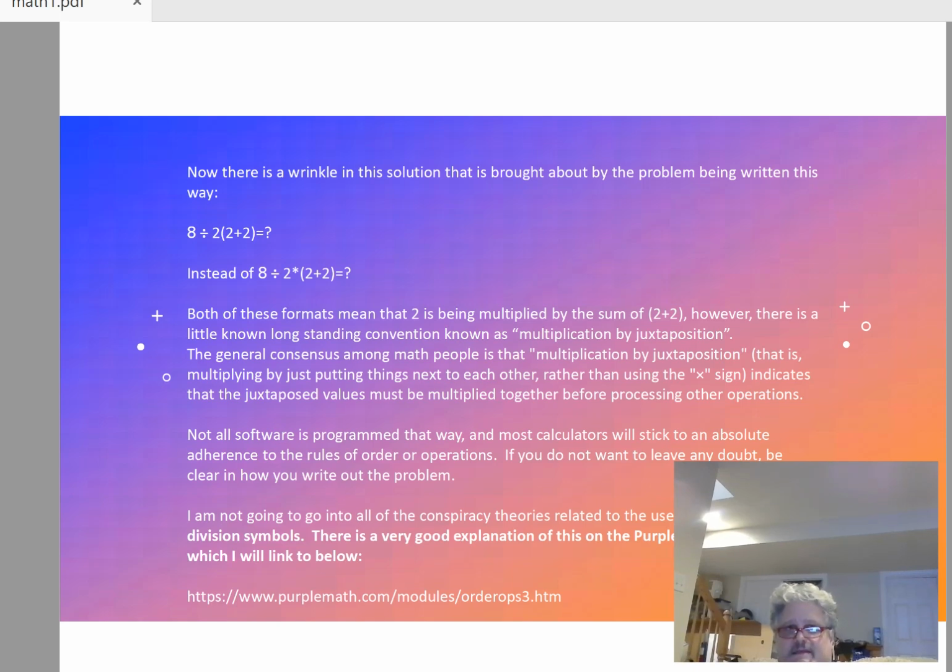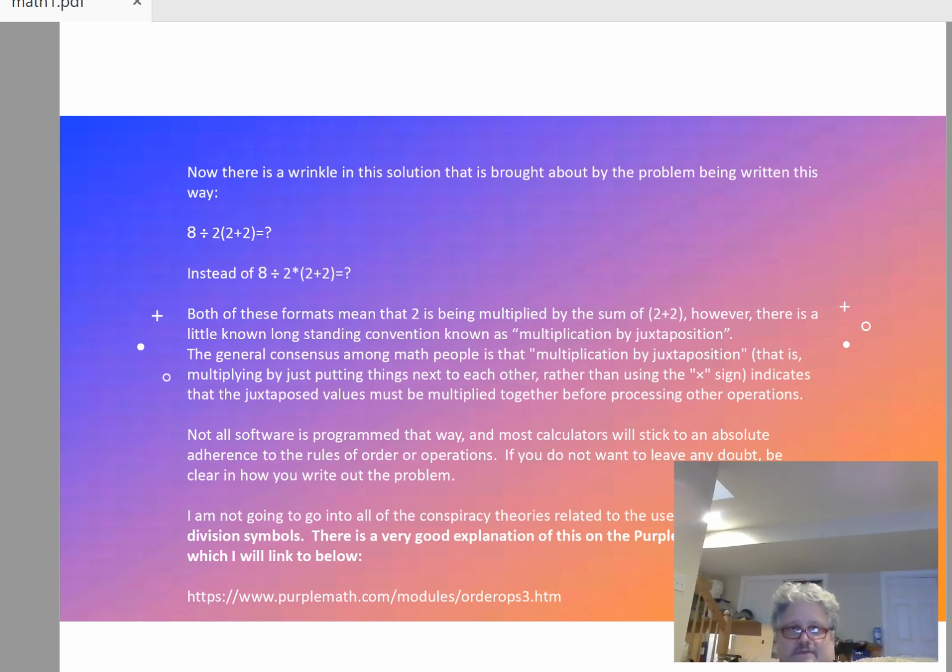Now, I'll have to say that not all software is programmed that way. A lot of things do not use this multiplication by juxtaposition convention, and most calculators, I've used my calculator on my computer, the calculator on my phone, those are going to stick to an absolute adherence to the rules of order of operations.